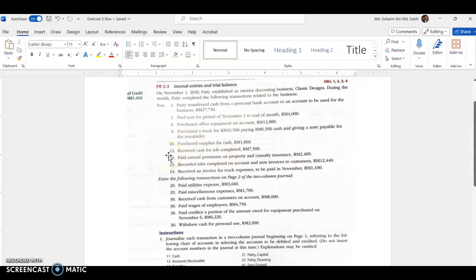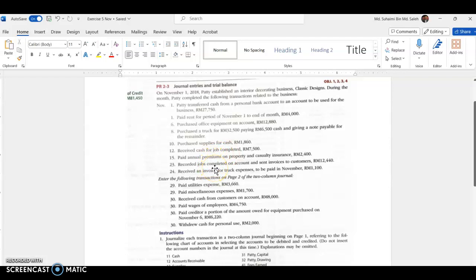November 12, receive cash for job completed. So we have completed the job. We have delivered the services, and we have to record the revenue. So debit cash 7,500, and credit fees earned 7,500.